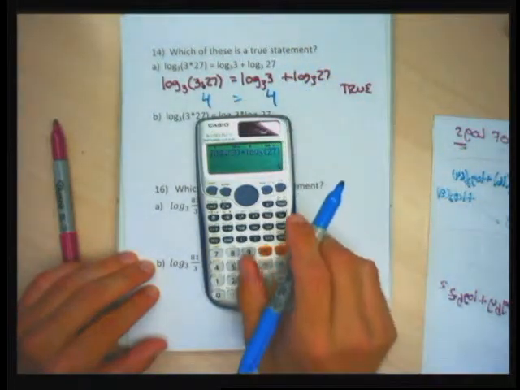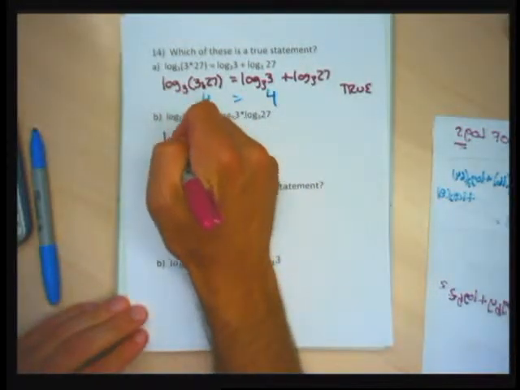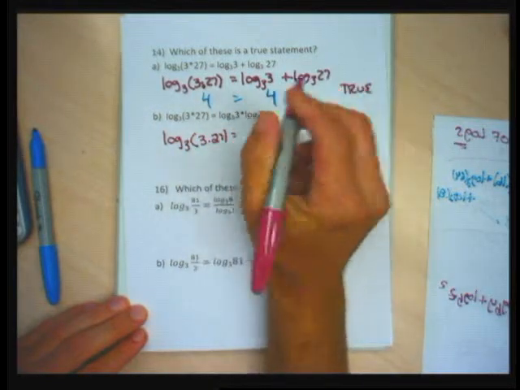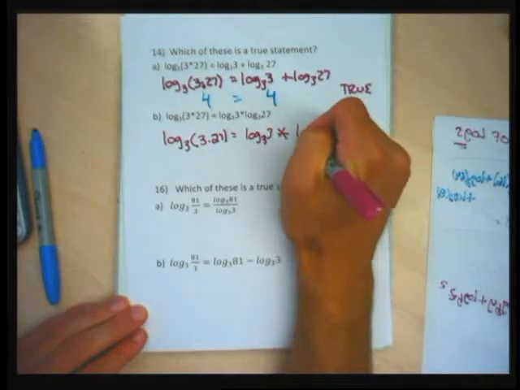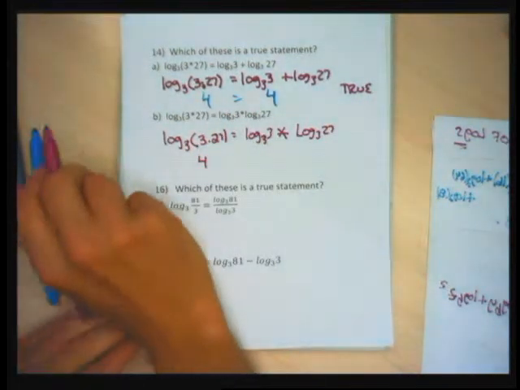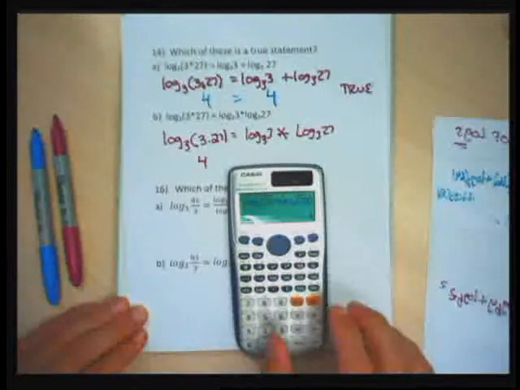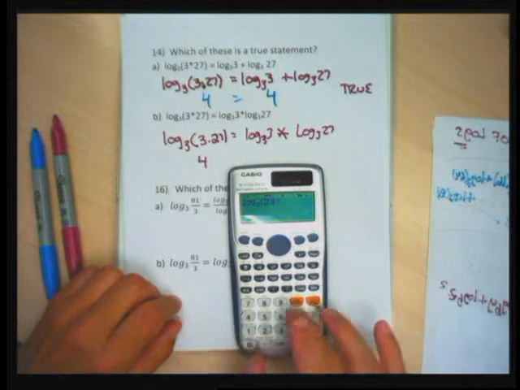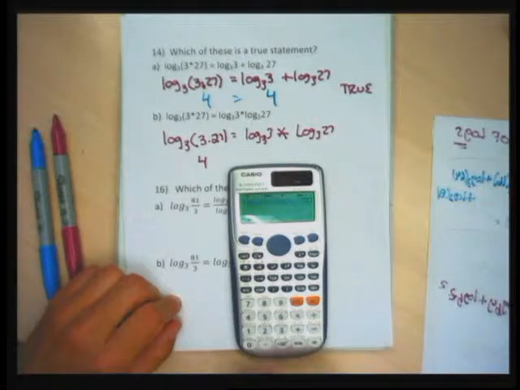A lot of students will blow this rule a little bit and do this rewrite, saying the log base 3 of 3 times 27 equals the log base 3 of 3, and then instead of putting a plus sign between them, put a times sign between them. I know that this side is still the original 4. If I put a times sign as opposed to a plus between, the rule doesn't work. So to show you, if I did this, the log base 3 of 3 times the log base 3 of 27, I get 3.